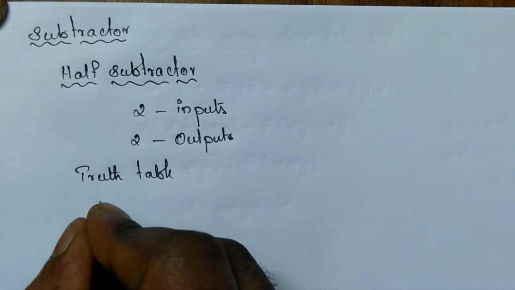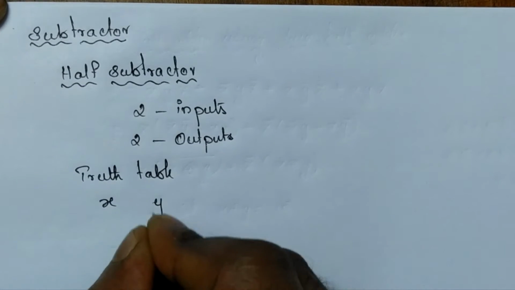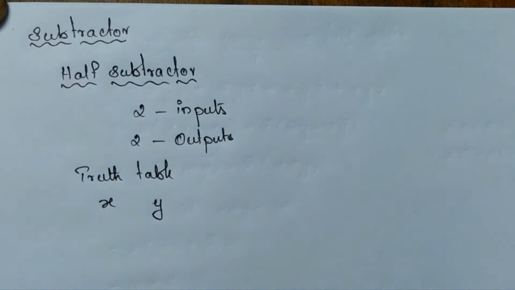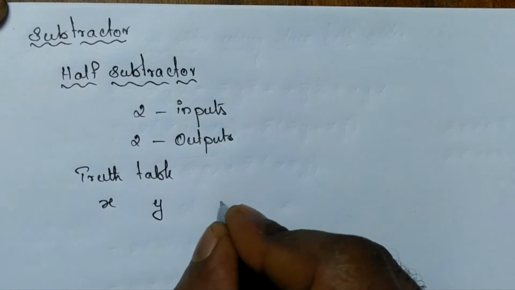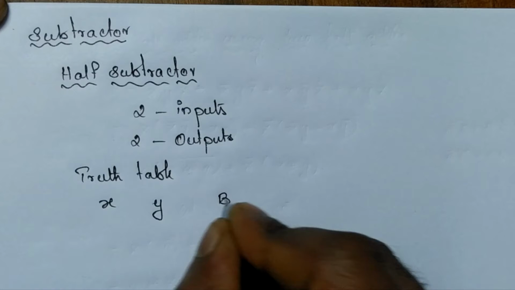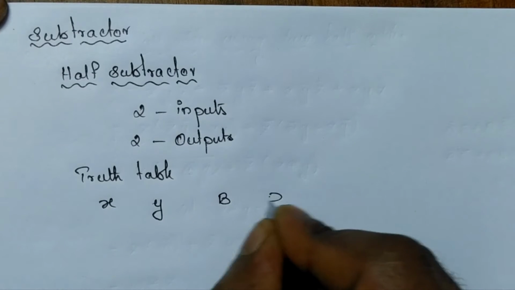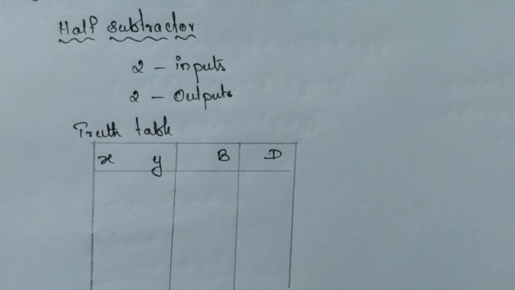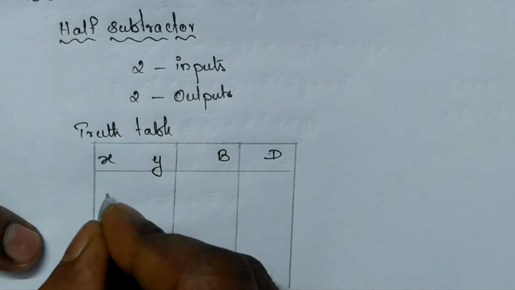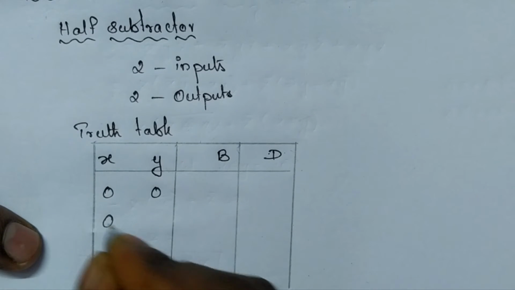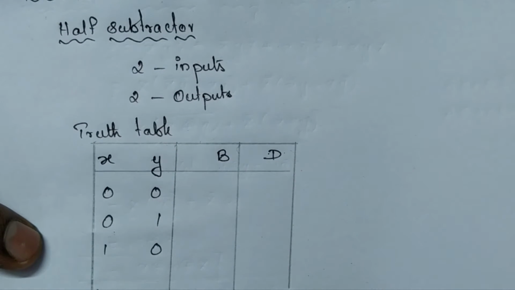Here we can consider x and y as inputs and outputs as borrow and difference. The possible input combinations are 0 0, 0 1, 1 0, 1 1.